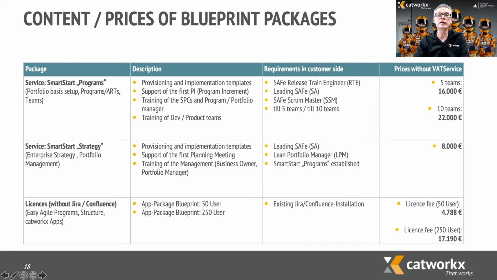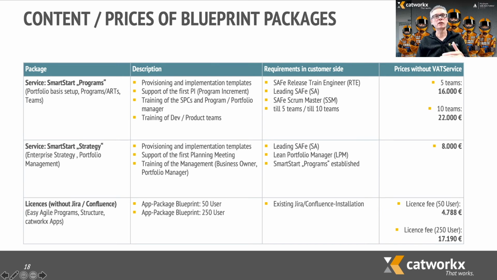Second, you need some more apps from the marketplace. We have bundled the regarding apps to examples for the pricing you can see on the slides. Maybe you own Structure or Easy Agile. In this case, the package price goes down. Some of the Catworkx apps are not listed on the marketplace. These ones will be implemented directly in the blueprint.